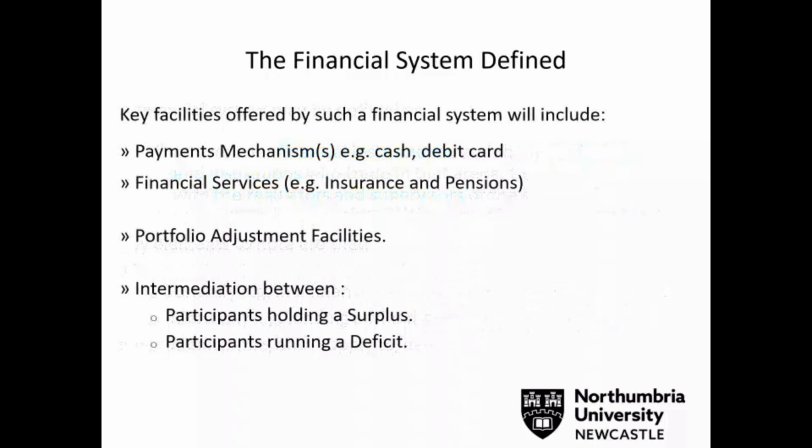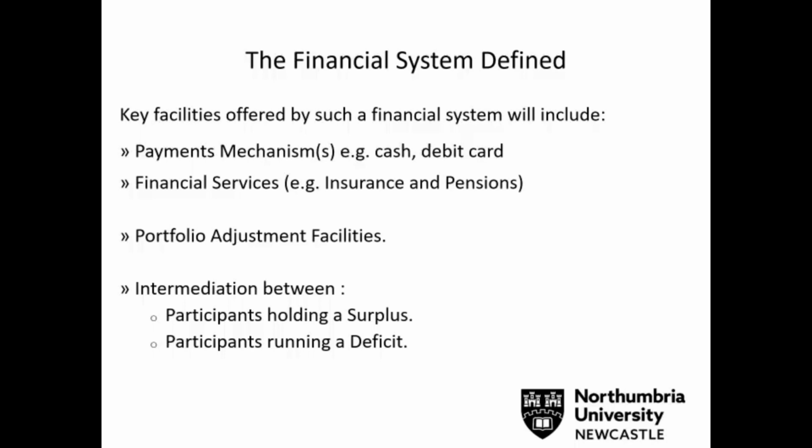There's other key facilities that the financial system also does. You'll be very familiar with the first concept of the payments mechanisms. Essentially, how do we price goods and how do we pay for them? And what does that look like? Also, the concept of providing financial services, and I'll cover lots of these different types of financial services in the next series of lectures.